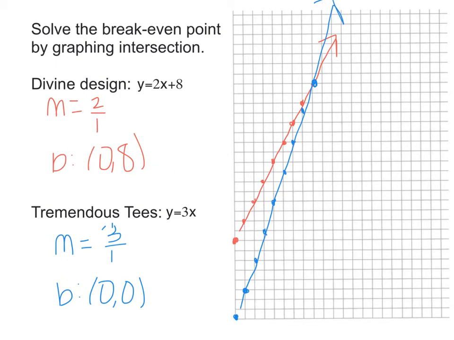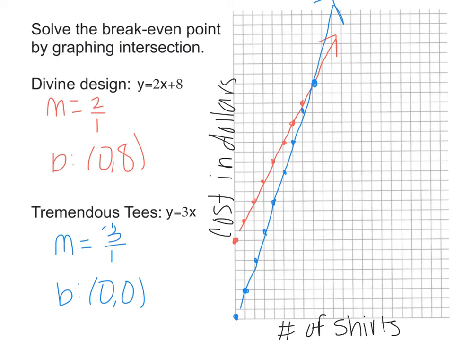Now what I really need to do is I need to label my graph. So the x values will be the number of shirts, and the y values will be the cost in dollars.